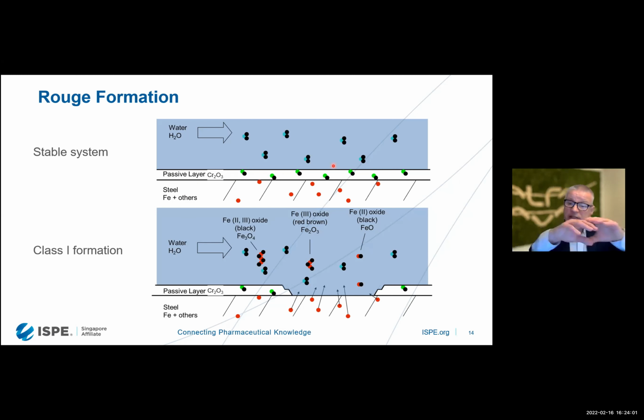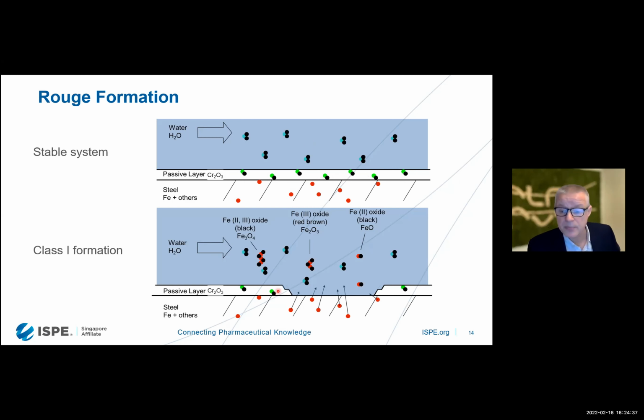This will shield off the iron ions or the ferrites from the water, from this hungry water. So these ferrites, or especially the water, are very keen to fill up the loose ends in the H2O molecules, because it's hungry. But they can't reach the ferrite ions because there is a passivating layer on top of the steel protecting the ferrite from joining the water molecules.